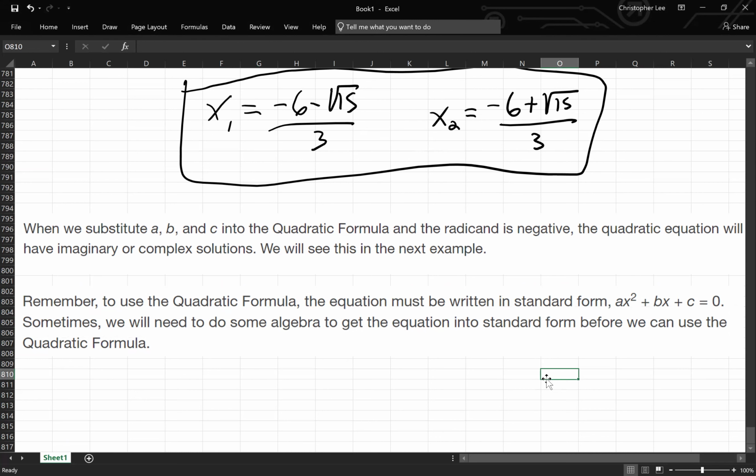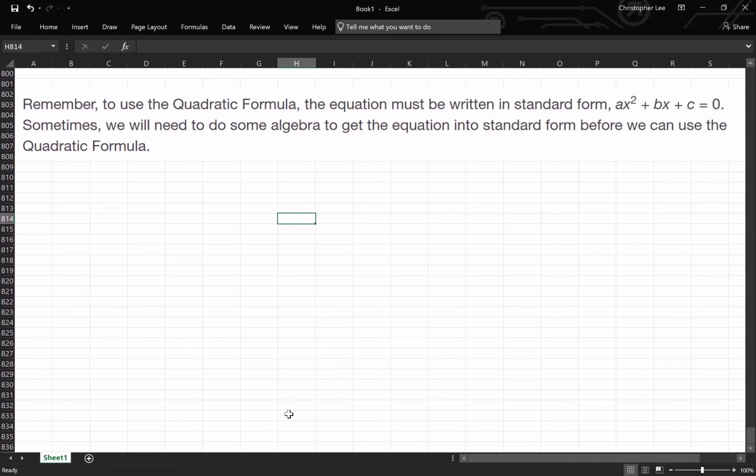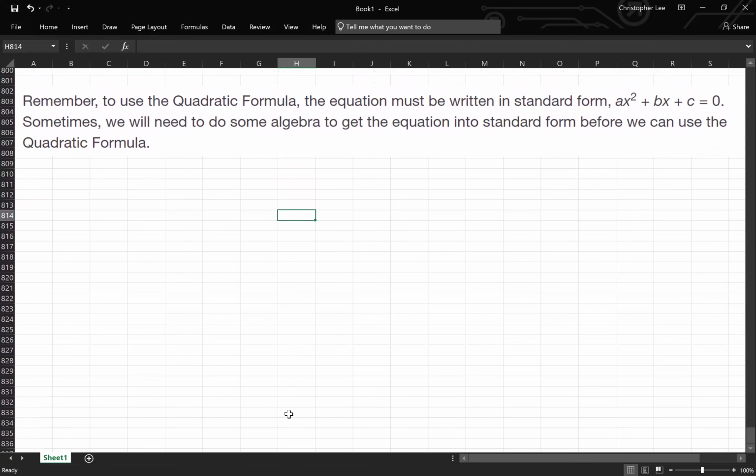Sometimes we will need to do some algebra to get the equation into standard form before we can use the quadratic formula, right? So that's like when we were moving the 15 over or whatever. You will see examples of this in your homework. Knock it out. You should be good. All right. And that's that.